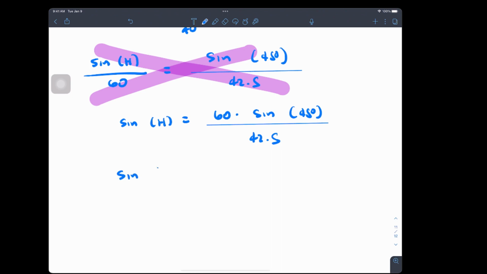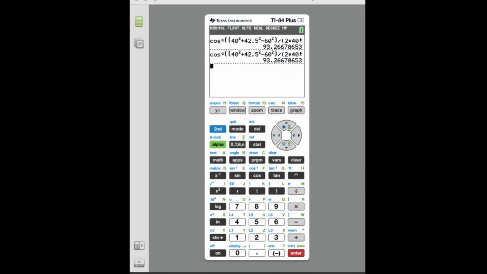So, sine h now is going to be what we get here. So, let's use our TI. Let's see what we get. 60 sine 45 divided by 42.5. Okay. Now, this is going to be 0.998.